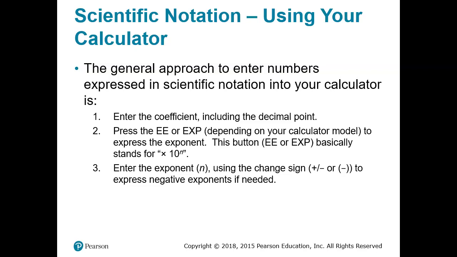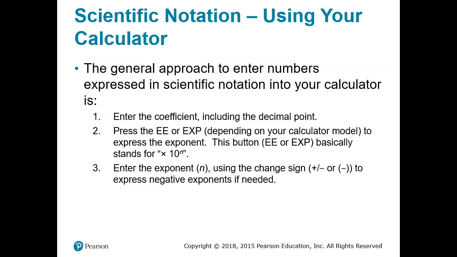This answer is far away from that, 10 orders of magnitude incorrect. Why is that? Well, because your calculators follow the order of operations. And so what I just told my calculator to do is take 36, divide by 3, and then multiply by 10 to the negative fifth. I told it to do those things in that order.